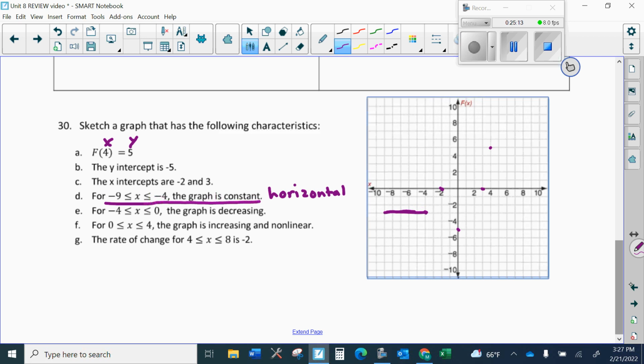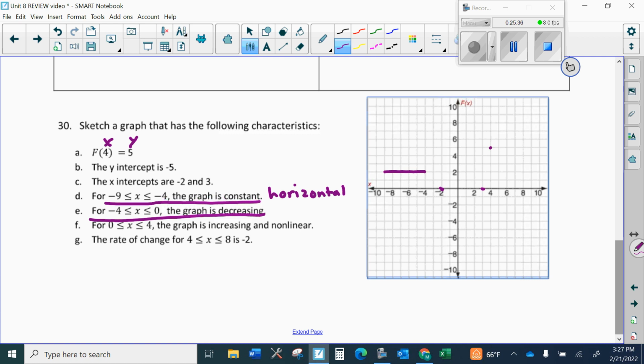Okay. From negative 4 to 0, the graph is decreasing. So it has to be going down here. Since it crossed up there at x equals negative 2, I have to make my horizontal above it.